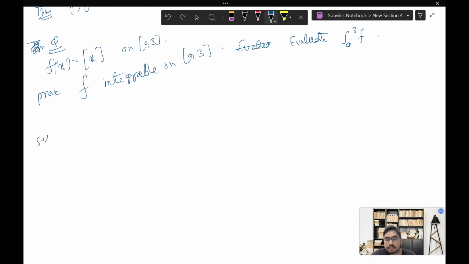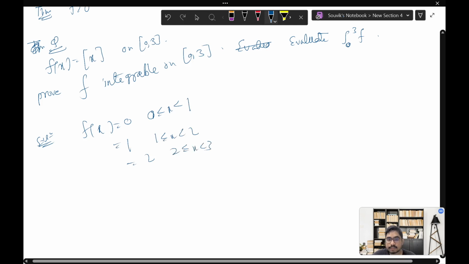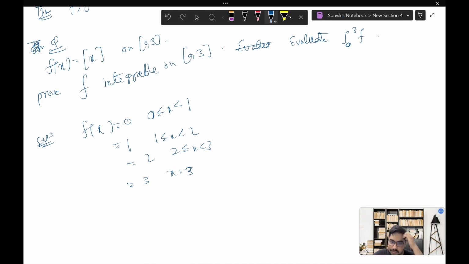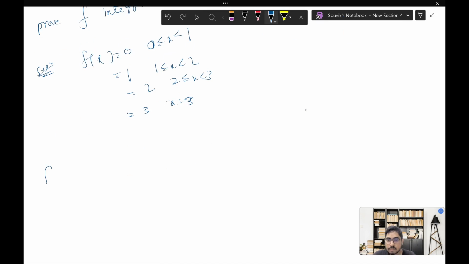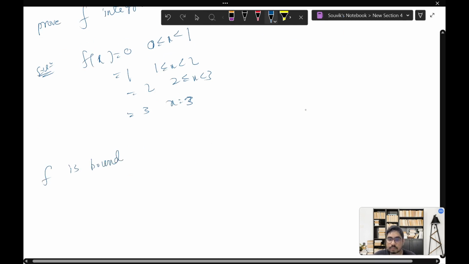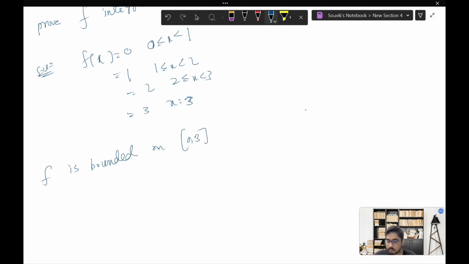So now observe that f(x) is 0 when 0 is less than or equal to x less than 1, it is 1 when 1 is less than or equal to x less than 2, it is 2 when 2 is less than or equal to x less than 3, and it is 3 when x equals 3. F is bounded on [0, 3].